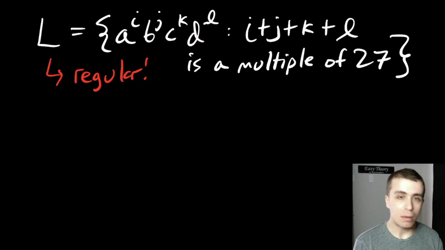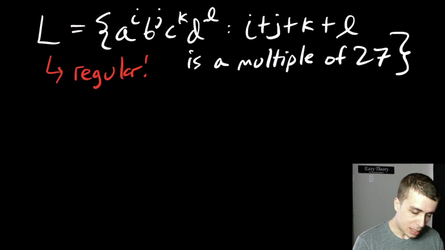So then here, let's just say I read A's. Well, I don't know how many I'm going to get. It doesn't have to be a multiple of 27, but whatever its remainder is, the rest of the string has to make up the rest of the remainder, whatever it may be.